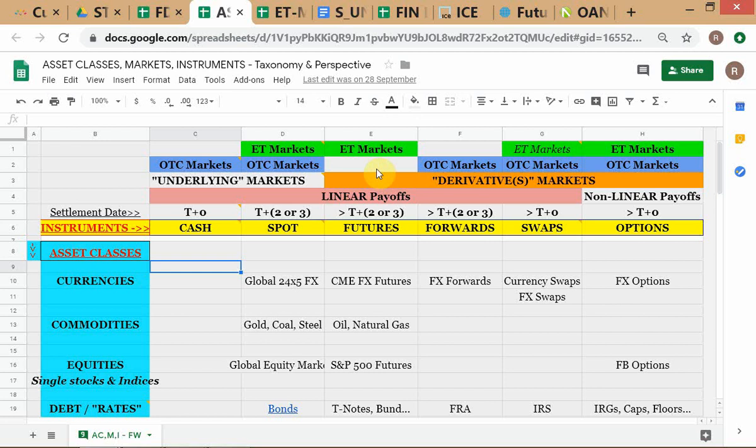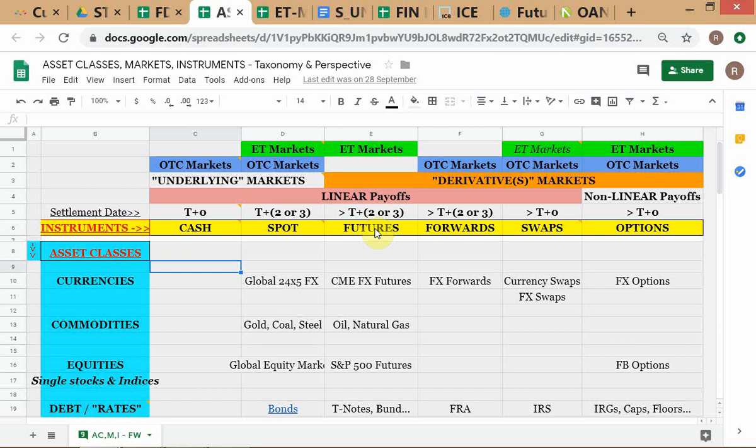Usually futures. You notice there's no OTC market under futures, because futures are basically all exchange traded markets. Now forwards are OTC markets. This is the distinction between futures and forwards. So another way to distinguish between futures and forwards is to understand that forwards are always OTC instruments and futures are always exchange traded, ETM.